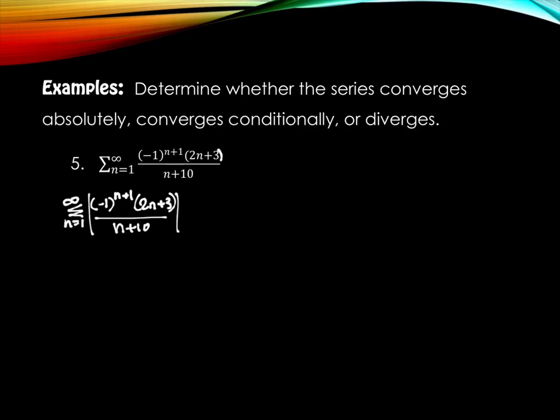We're starting by looking at the absolute convergence. That's where we start. And just like Caleb said, if you wanted to leave this and just move on to the next step, you could do that. The sum from n equal 1 to infinity of 2n plus 3 over n plus 10.